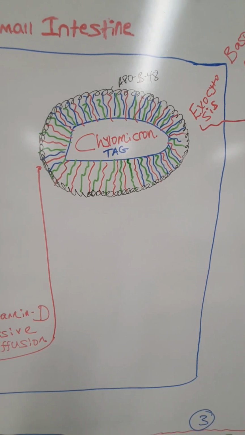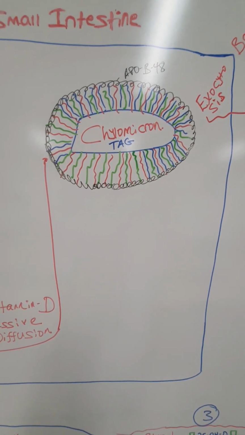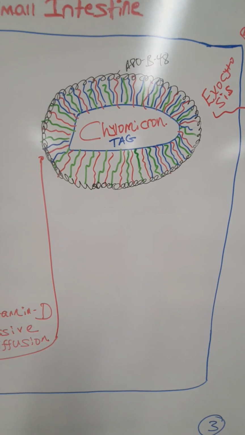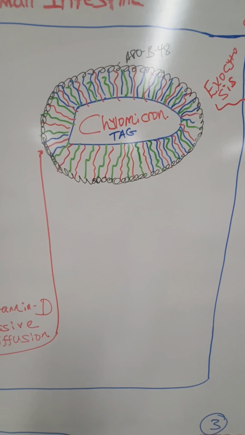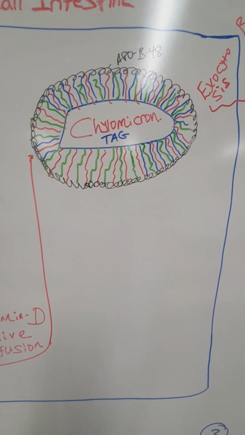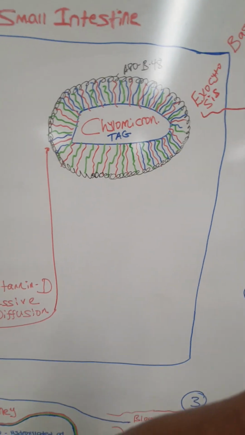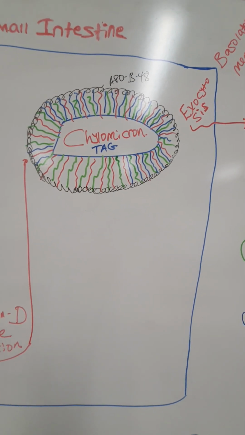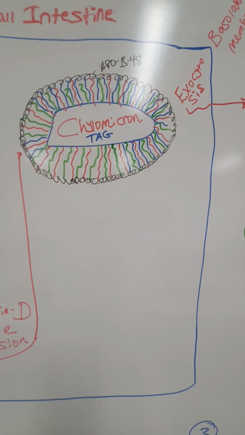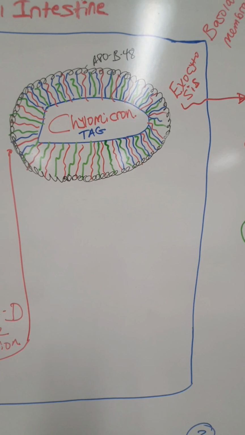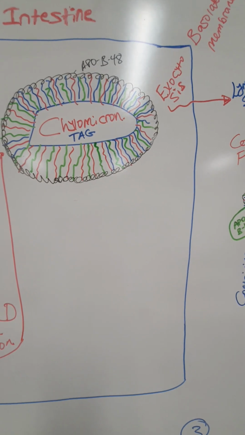Chylomicron is a collection of many nutrients that include triacylglycerol. About 80% of it is triacylglycerol. It also contains cholesterol, phospholipids, and phytosterols, and also fat-soluble vitamins, including vitamin D. This chylomicron is a little bit big, and it's bound by ApoB48 lipoproteins. These lipoproteins help it transport through the aqueous system, because apolipoproteins have both a hydrophilic and a hydrophobic end.